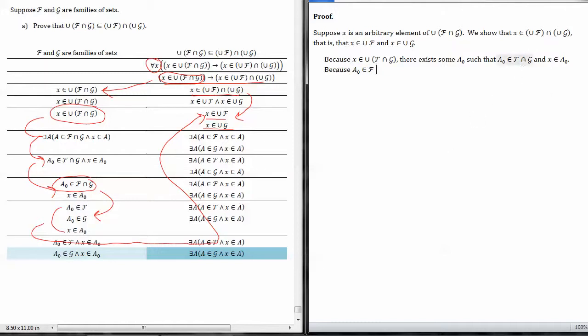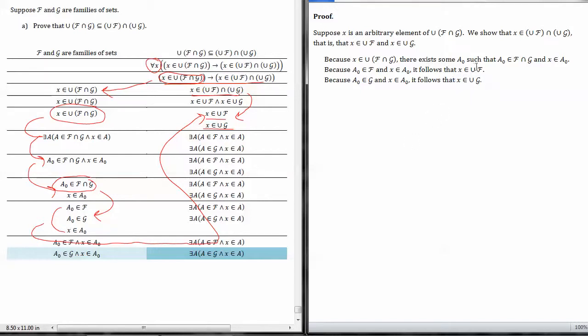We just said a naught's in f intersect g, so our reader understands that a naught's in f. And also from the previous line, x is in a naught. It follows that x is in the union of f. And quite similarly, because a naught is in g and x is in a naught, it follows that x is in the union of g.